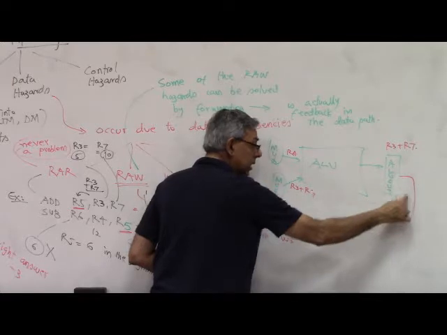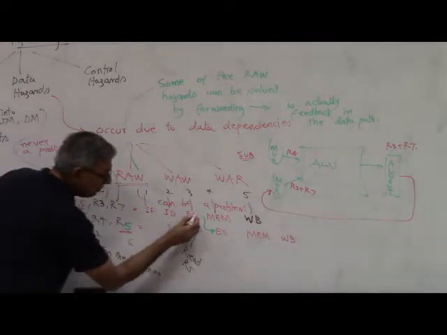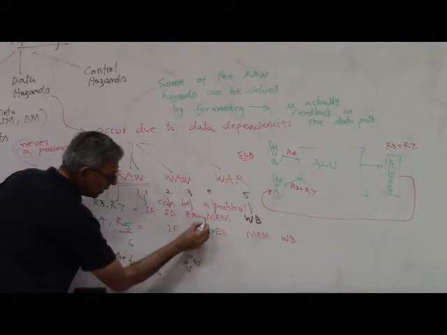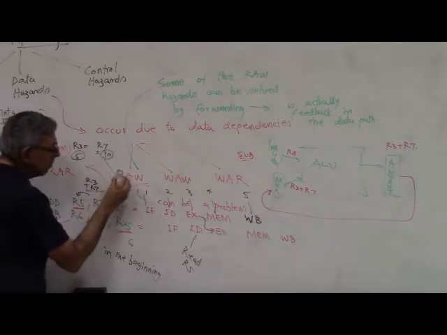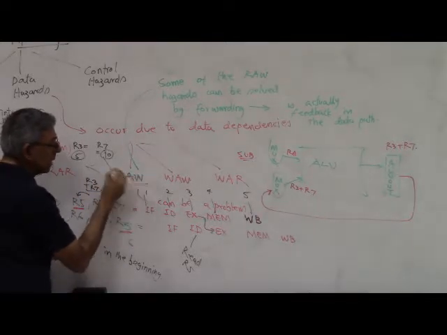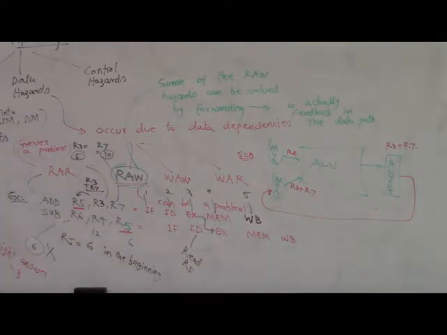So this is how the subtract instruction will produce by using this feedback over here. The previous result will be fed back to the input of the ALU. In this way, we'll get the correct results, and we don't have a problem, right? But can all RAW type of hazards be solved by forwarding?